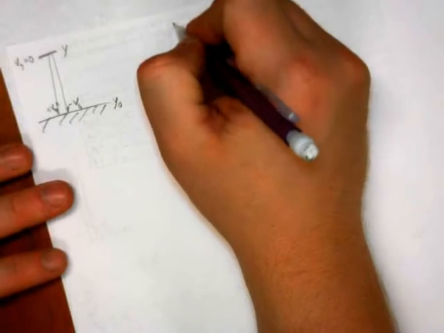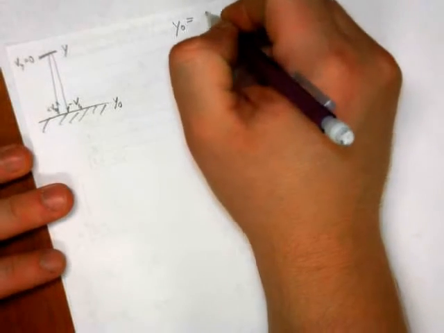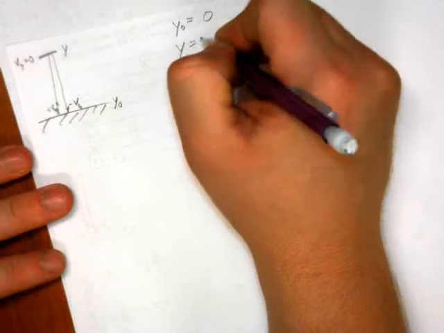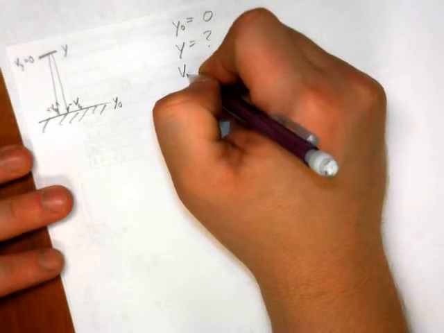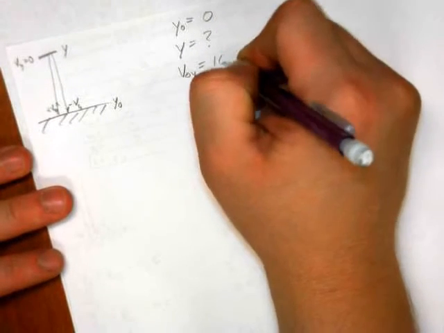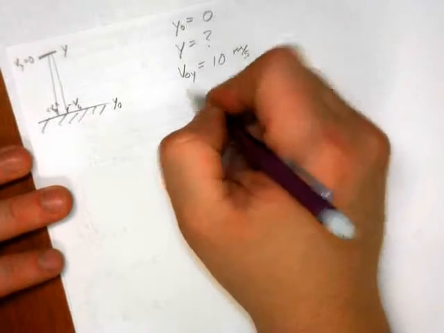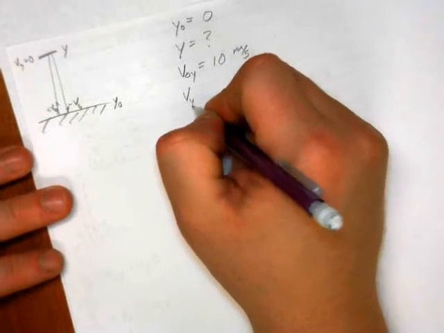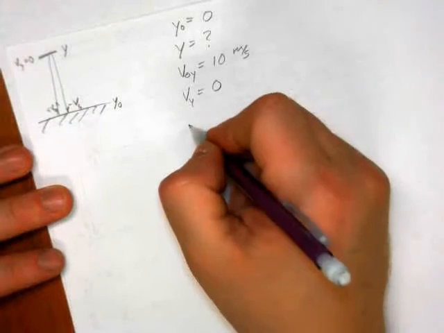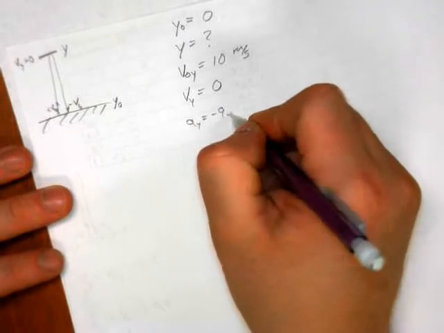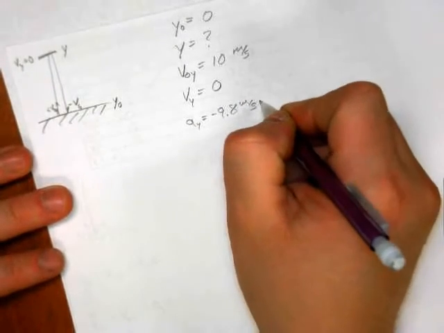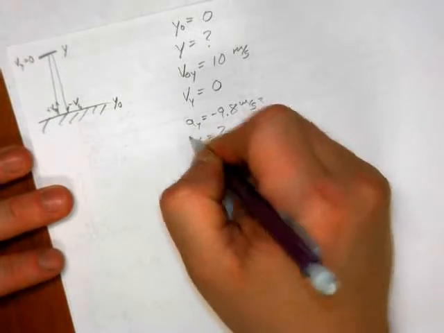I'm going to list everything. y0 equals 0, y equals, we don't know, v0y equals 10 meters per second, vy equals 0, ay equals negative 9.8 meters per second squared, t equals, we don't know.